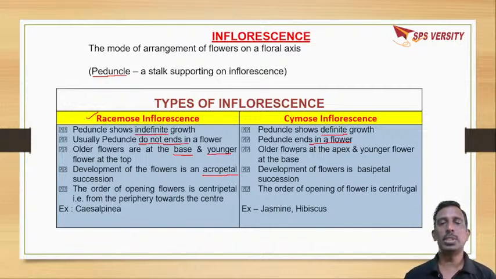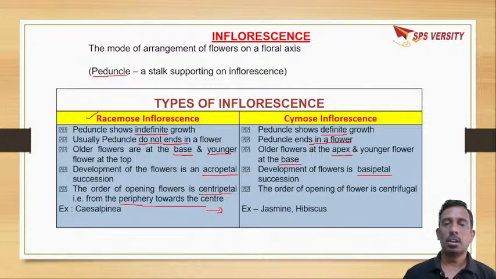The quite opposite in cymose: older flowers are present at the top and younger flowers at the base. This type of arrangement is called basipetal arrangement. So the order of opening of flowers is centripetal, that is from periphery to center, in racemose. In cymose the order of opening of flowers is centrifugal.